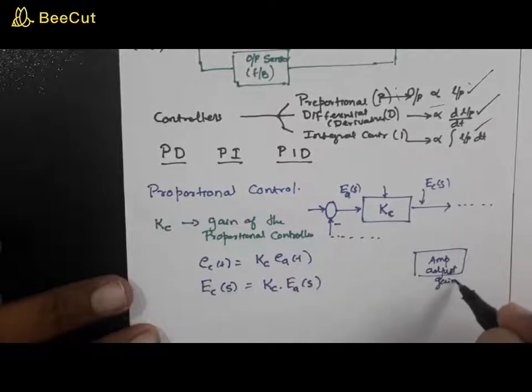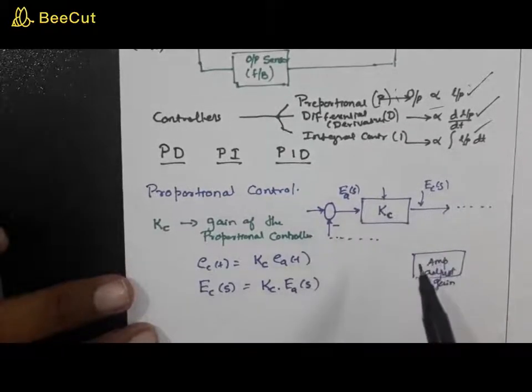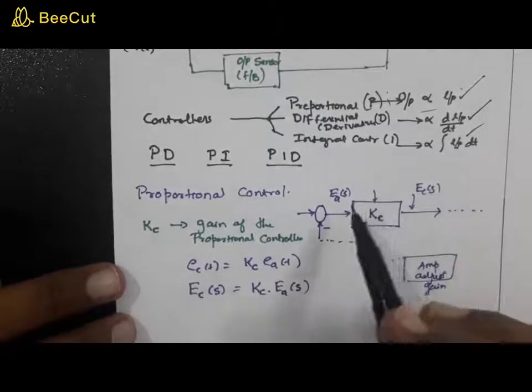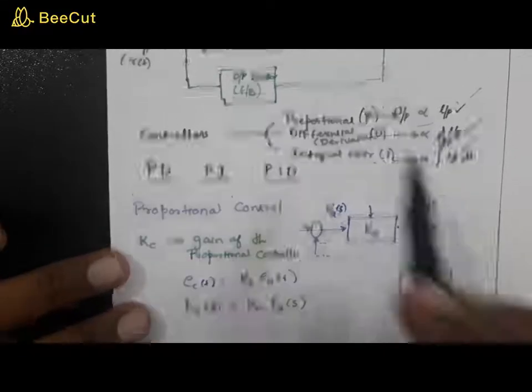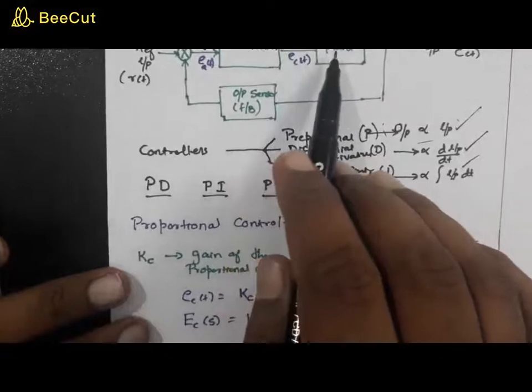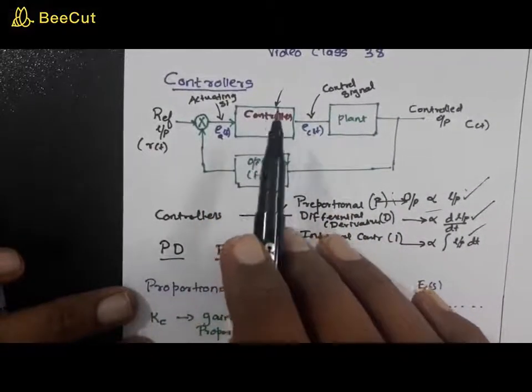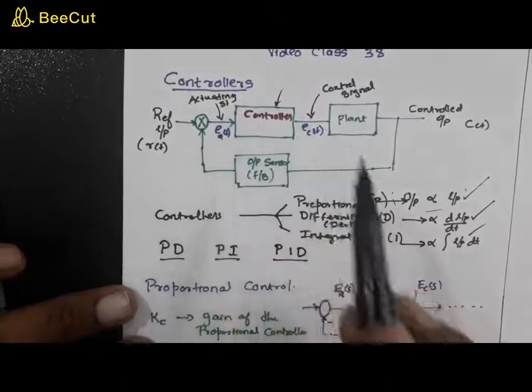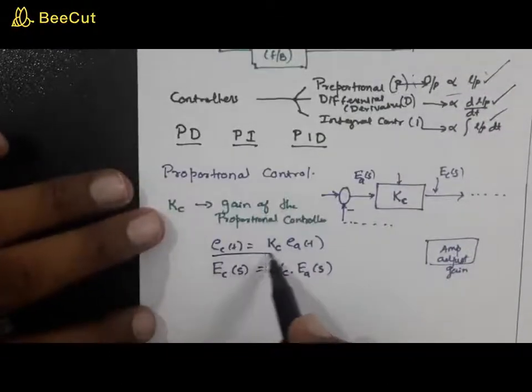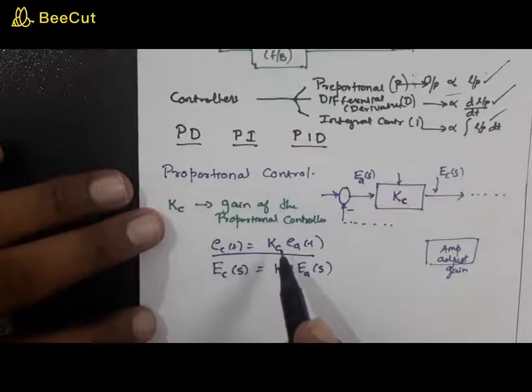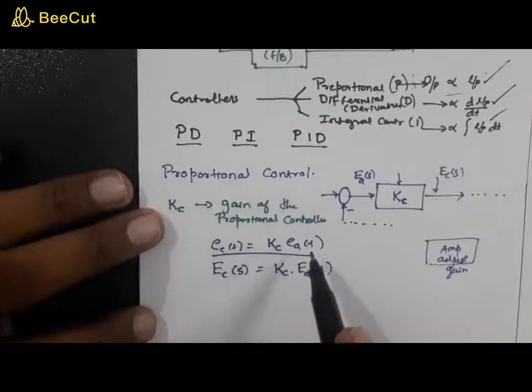This gain can be adjusted so as to give the correct control signal to the plant. So the gain of this controller is adjustable, and the output will always be proportional to that gain into E of t.